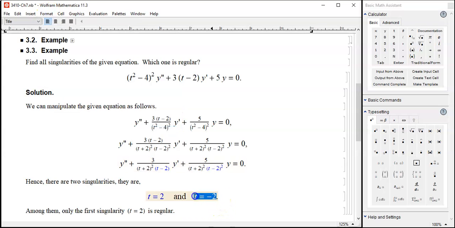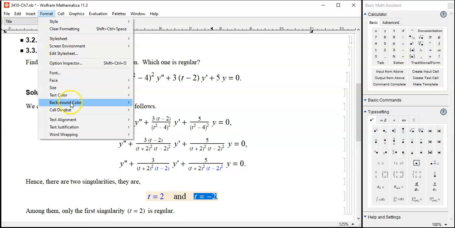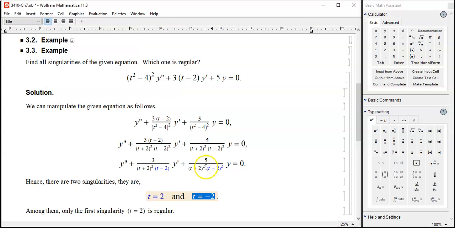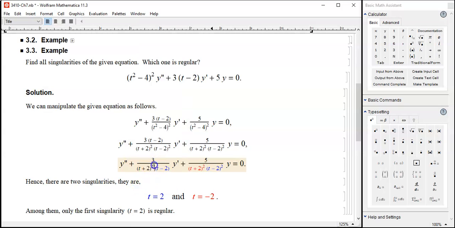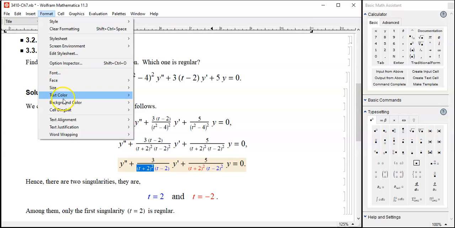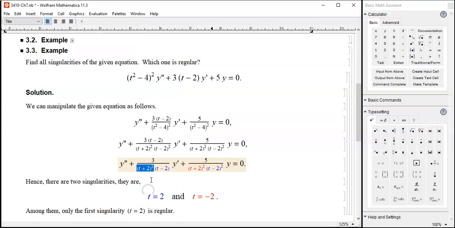And then t equals negative 2, which comes from this factor that can turn 0 in the denominator, so that is no longer analytic. So we have those two singular points, t equals 2 and t equals negative 2, blue and red respectively.